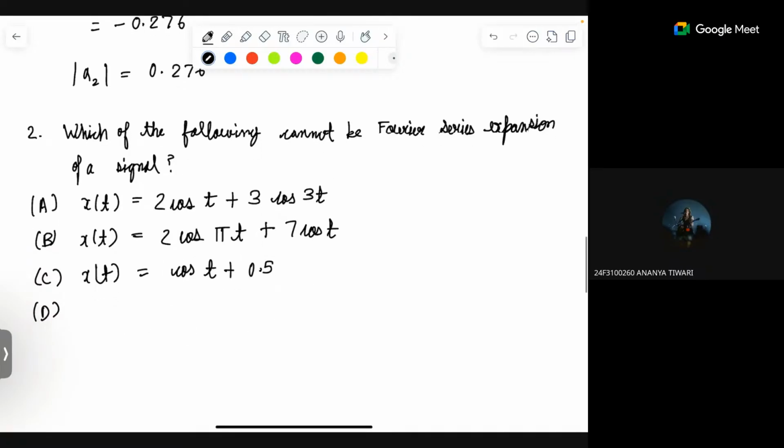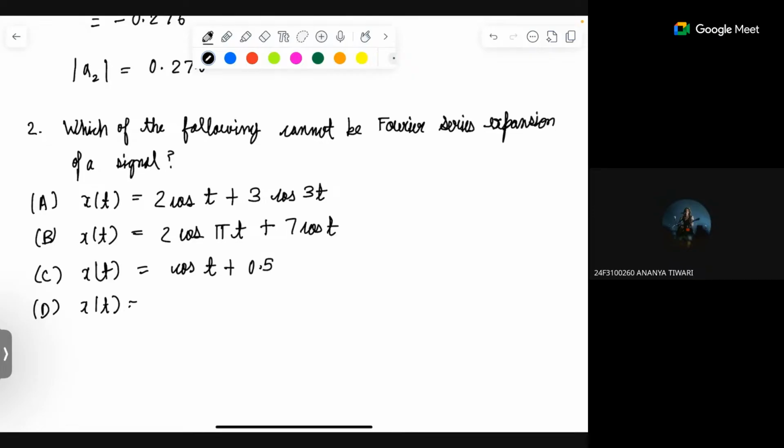Last one, x(t) is 2 cos 1.5 pi t plus sine 3.5 pi t. So now take 2 minutes and tell me which one of these cannot be the Fourier series expansion of a signal. Start solving.